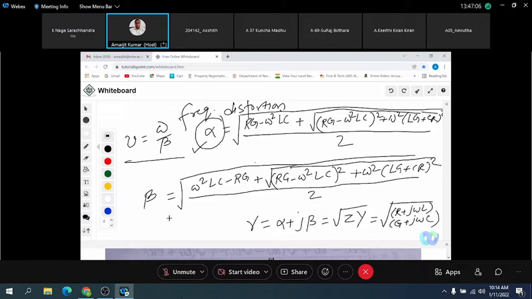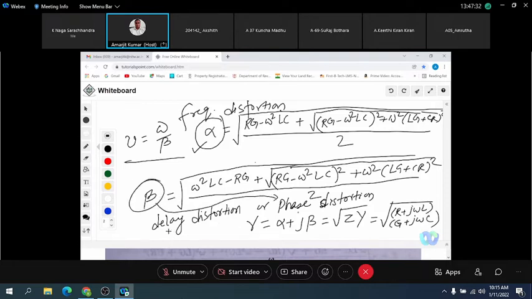This is known as delay distortion, or phase distortion, because this is caused by the phase constant beta. Or delay distortion, because it is caused by different velocities for different frequency waveforms.